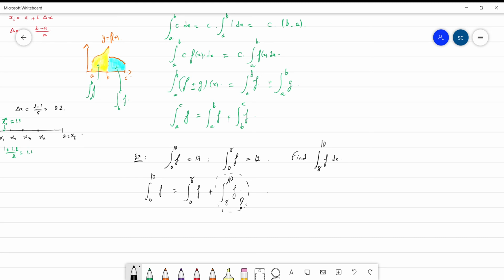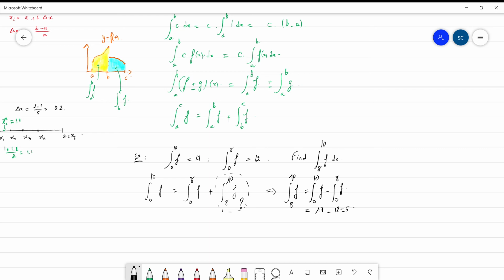So as an equation, I can deduce that the integral from 8 to 10 will be the integral from 0 to 10 of f minus the integral from 0 to 8 of f, which is 17 minus 12, which is 5. So this is an application, an idea to have.